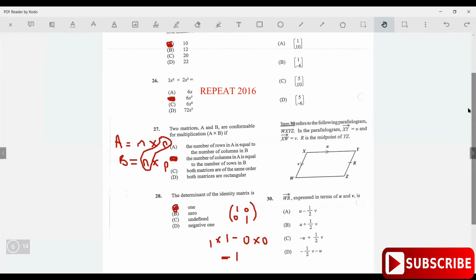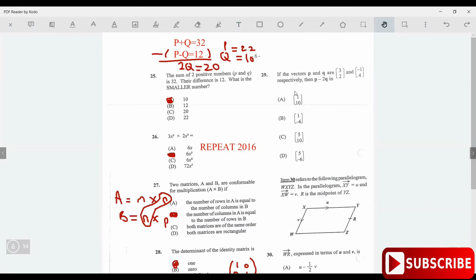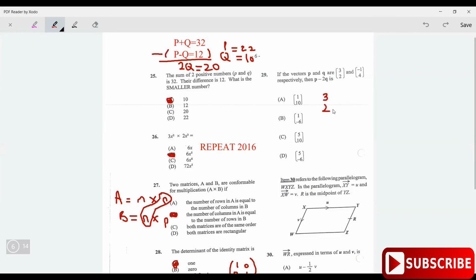Nice. Question 29. It says if the vectors P and Q are (3, 2) and (minus 1, 4), what is P minus 2Q? So P is (3, 2). They want us to subtract 2Q. So it's minus 2 times Q, which is (minus 1, 4). Easy.